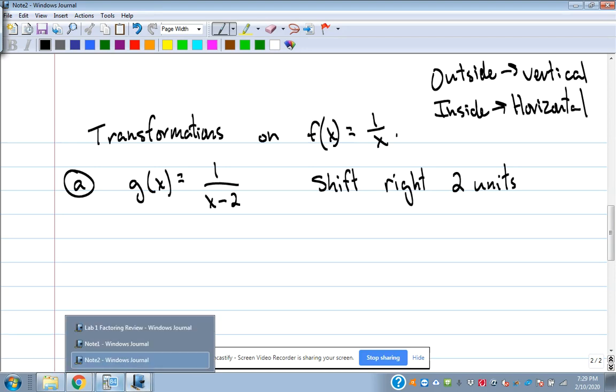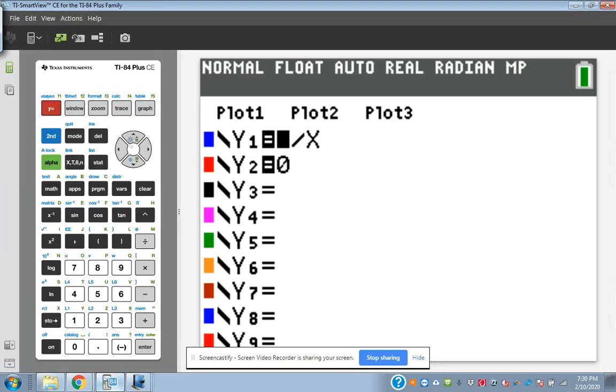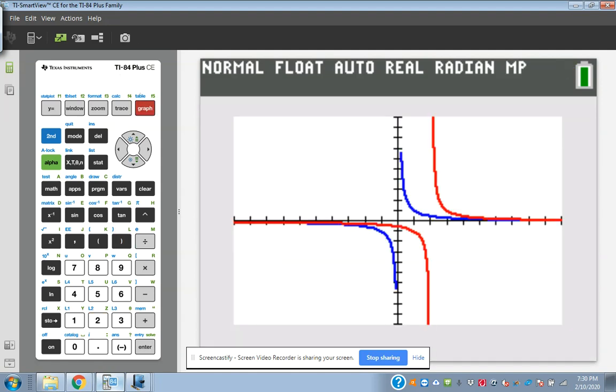If we go to our graphing calculator and go to y2 and I type in 1 divided by parentheses x minus 2, there's the original. The one next to it is shifted to the right 2 units. So we can look at the graph and kind of see some of this, but we want to be able to just look at the equation and tell what's happening to it.